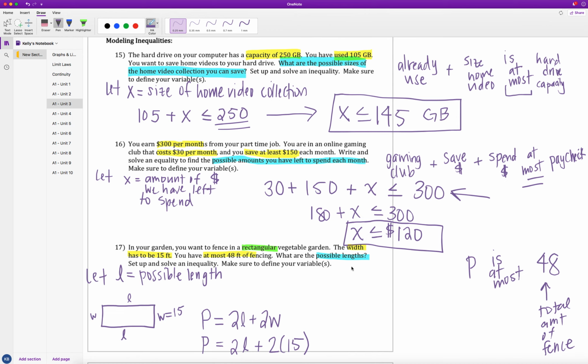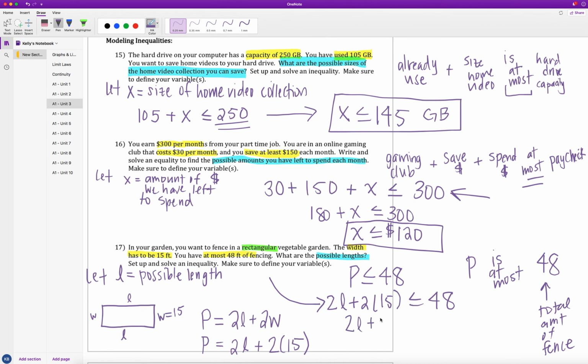So that tells me that my perimeter is less than or equal to 48, but we know that our perimeter is equal to 2L plus 2 times 15, less than or equal to 48. We have now set up our inequality, and let's go ahead and solve it.